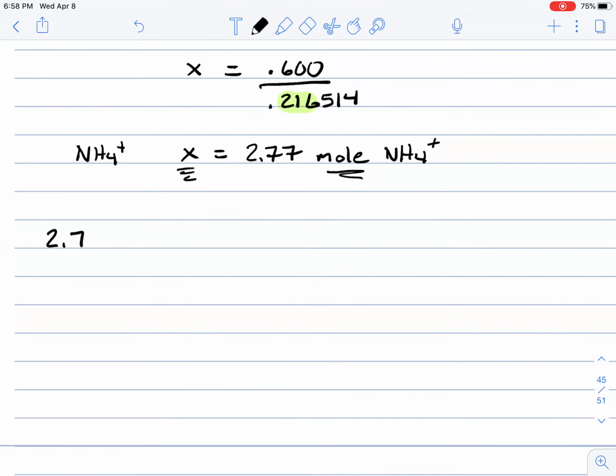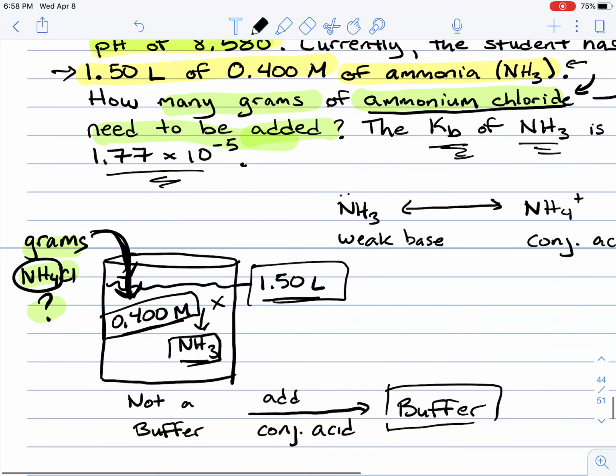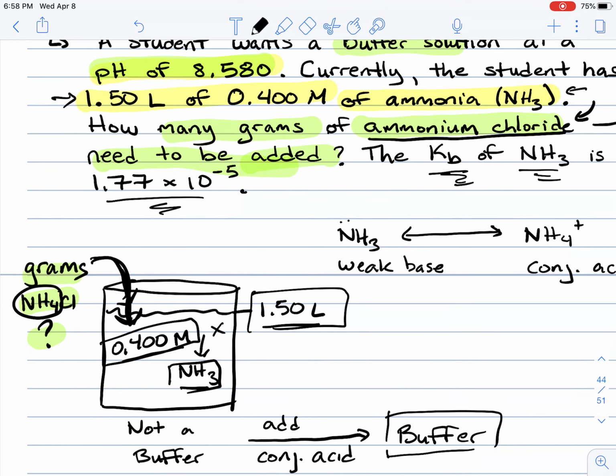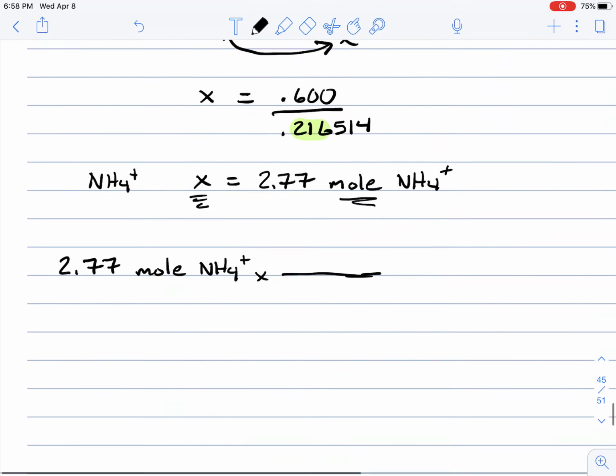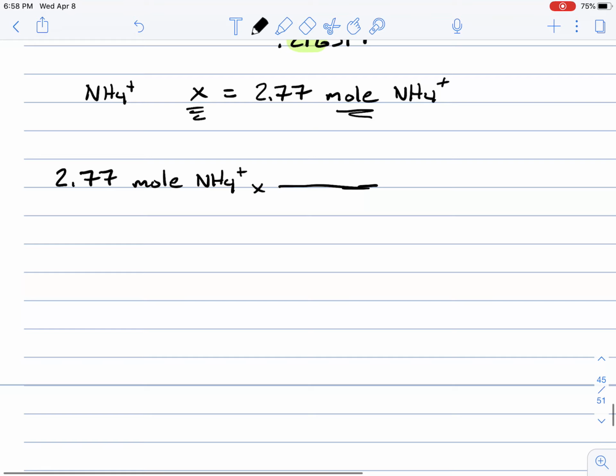So 2.77 moles of ammonium. And since I want the original substance, right? The stock bottle doesn't have ammonium exclusively. The stock bottle has ammonium chloride. So you have to use both substances, even though we solved for just moles of ammonium.